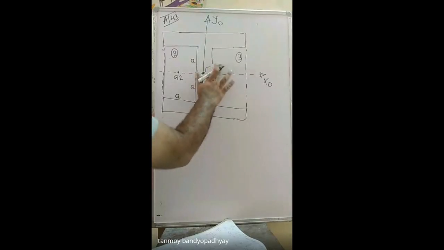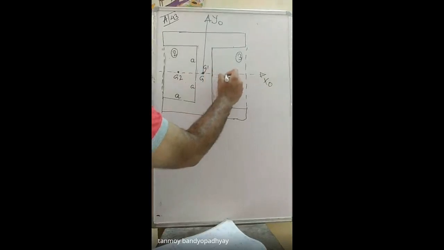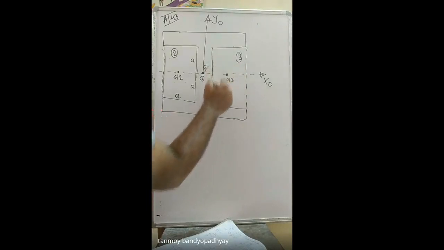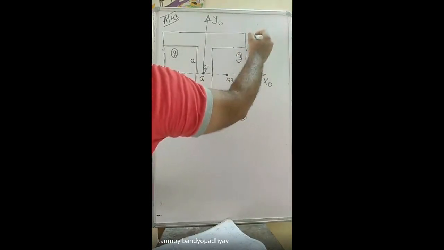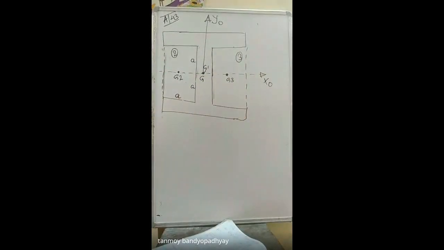For rectangle number 3, this is G3, and there again you have a and a. Write down: G1, G2 and G3 are the centroids of the elements 1, 2 and 3 respectively.